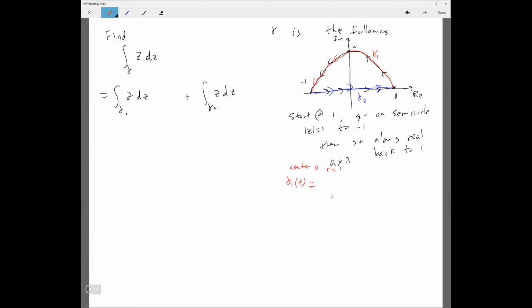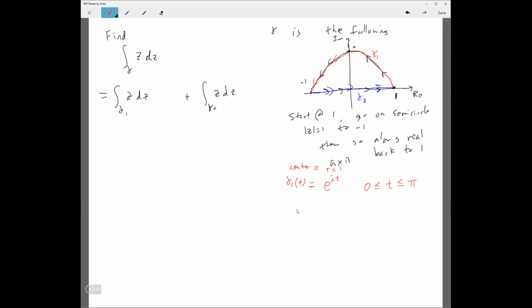Now, what you do is you act like you're gonna parameterize the full circle, okay? And what did I say that should be, if I was going all the way around the full circle? e to the it. Yes, e to the it. Good. But then on here, you cut it off at pi, just like that.